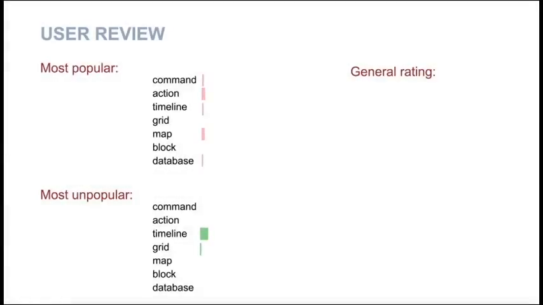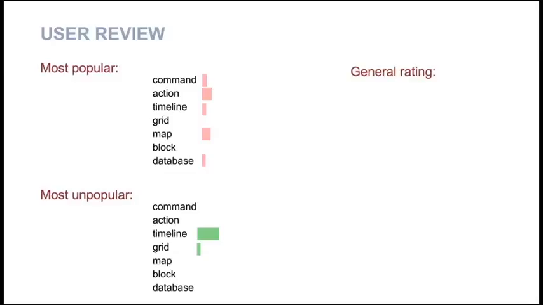After I created this prototype, I showed it to multiple users, and they gave me their feedback. There are more than 3 questions in my user review table, but what I think is the most interesting part of it is which part is the most popular and which part is the most unpopular.